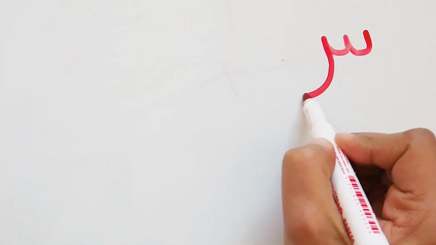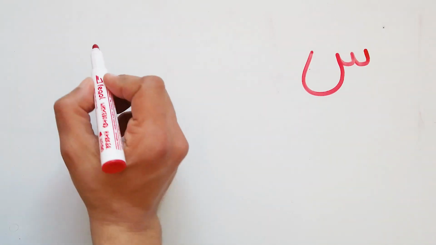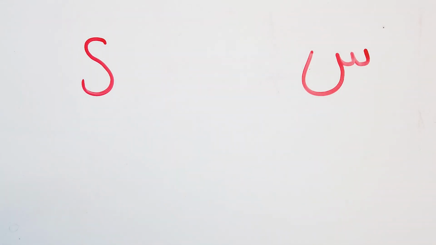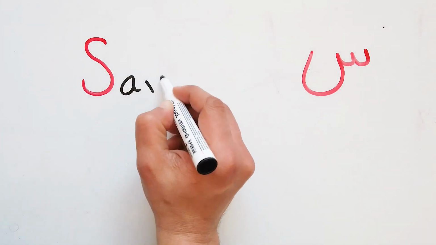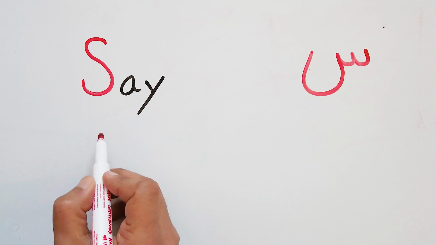Let's write another letter. Pay attention. The sound of this letter is s. Okay, so if I write this word like this, say, I can do the same thing.